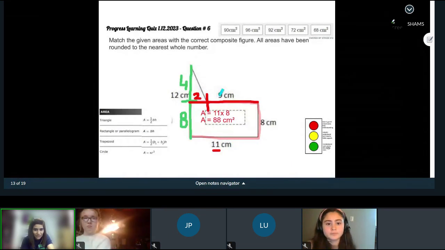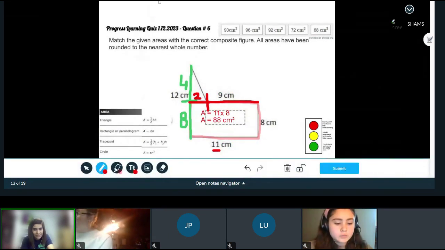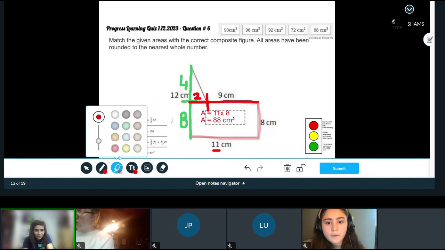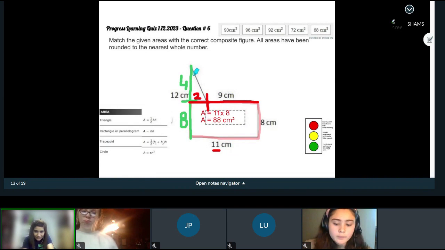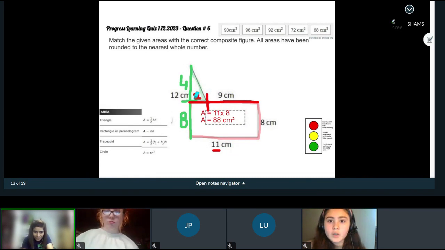So 2 plus 9 gets to 11, right? So base and height of the triangle is 2 by 4. And where is the triangle, in case somebody is wondering? This is the triangle we are trying to find, this green triangle.